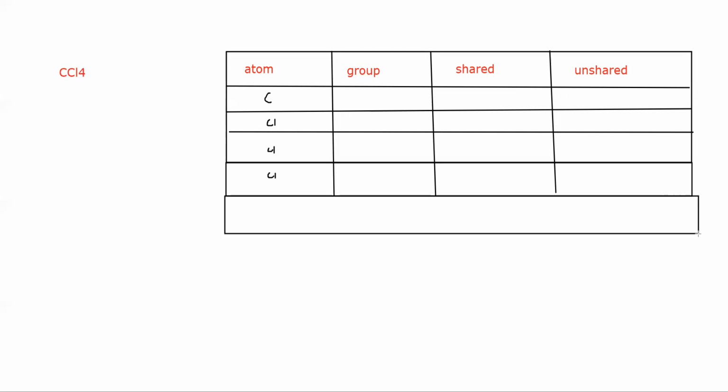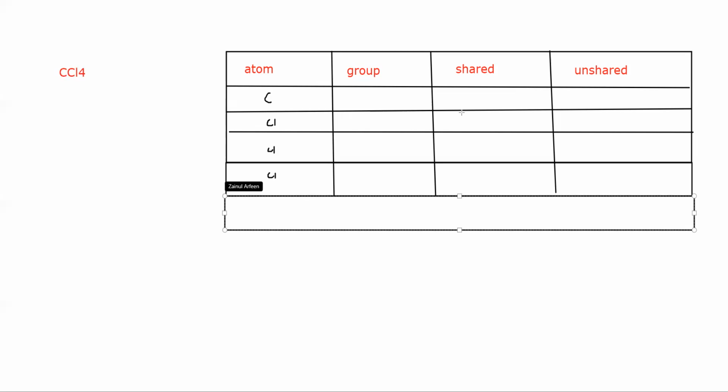Atom, group, shared, unshared. Carbon, chlorine, chlorine, chlorine, and there's one more chlorine because 4 chlorine. But it's not necessary you draw for each, even one time. If the same atom is there, you draw for one time, that's okay, because it's the same thing.